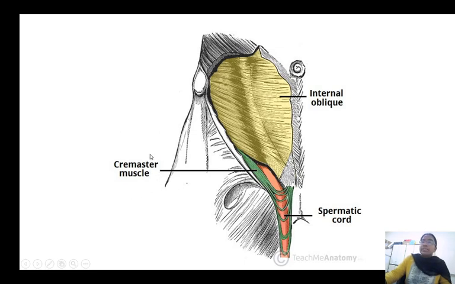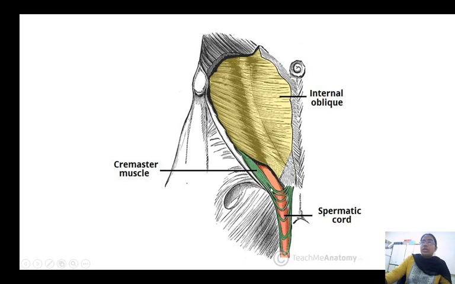But in males, it is well formed, which is called the cremaster muscle. This cremaster muscle is derived from some of the fibers of the internal oblique. We have said the internal oblique takes origin from the lateral 2/3 of the inguinal ligament.